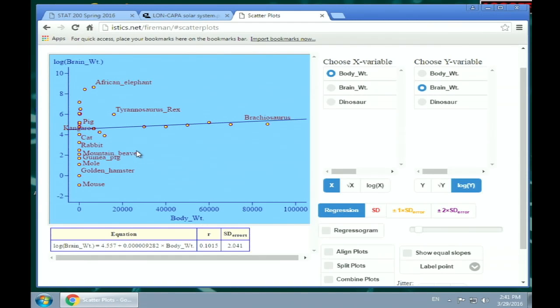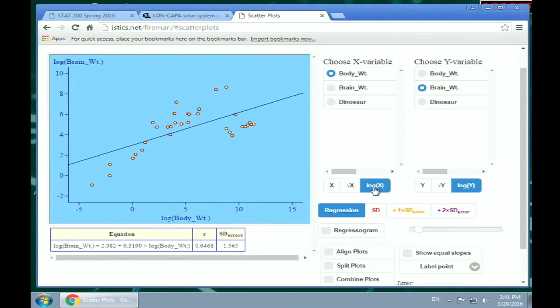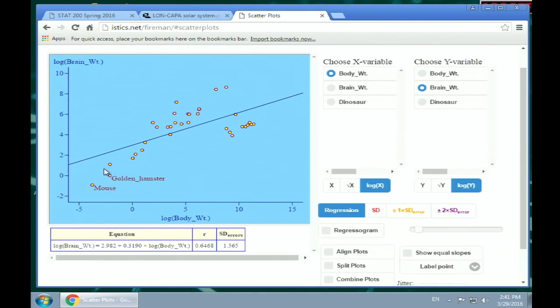All right, so what do we want to do now? What we want to do now is do the same thing with the x. So let's try square root of x first. Not great. A little better. Now we try the log of x and see how much better that is. Now we can see the animals much better. So we have the mouse, the golden hamster, and there's the regression line.